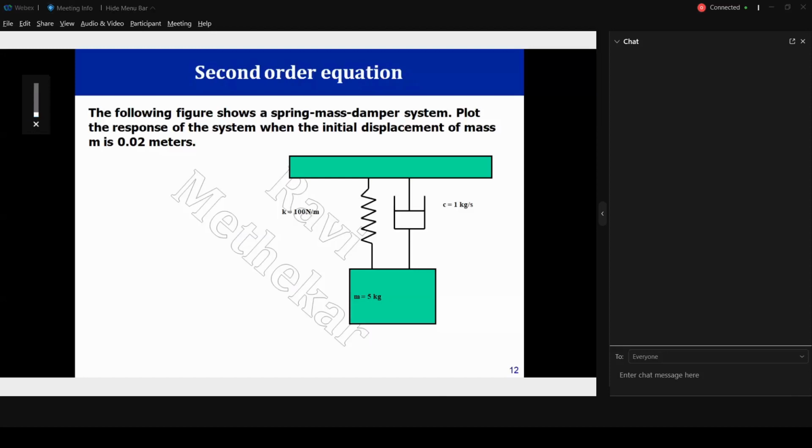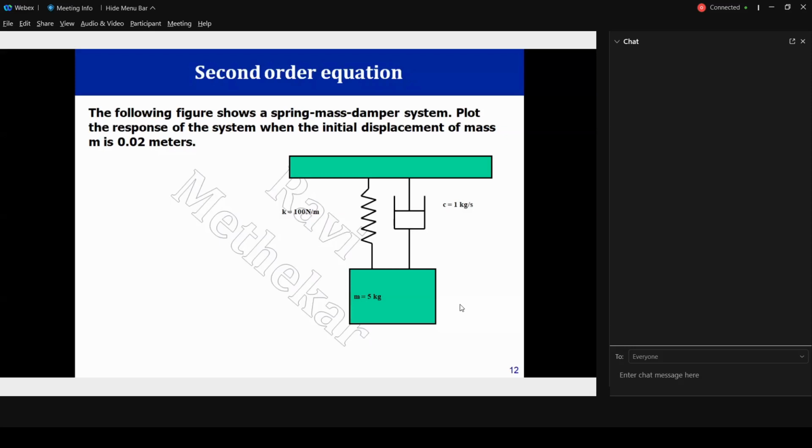If we have three to four ordinary differential equations, then how do we solve them?